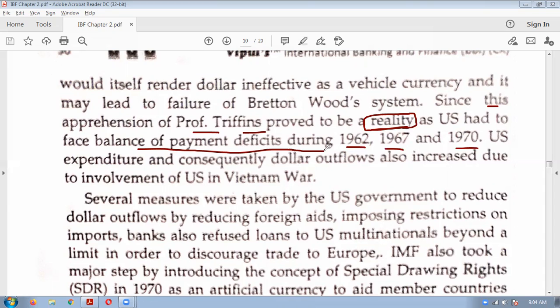US expenditure, and consequently dollar outflow, also increased due to the involvement of the US in the Vietnam War. Because of all these things, there was a heavy outflow of dollars from the USA, and it led to a deficit in the balance of payment. This was rightly predicted by economist Professor Robert Triffin.